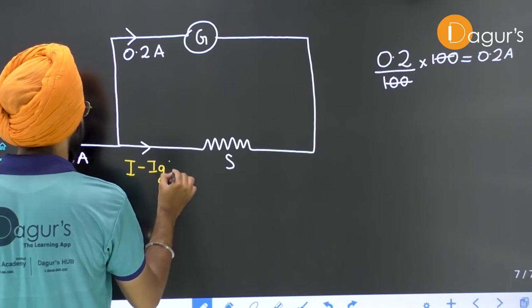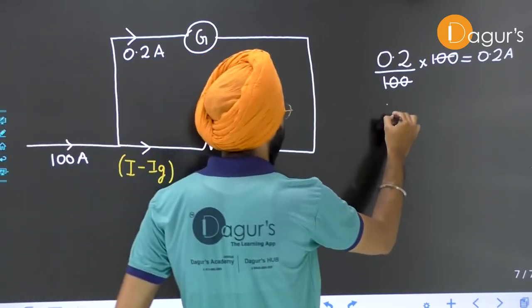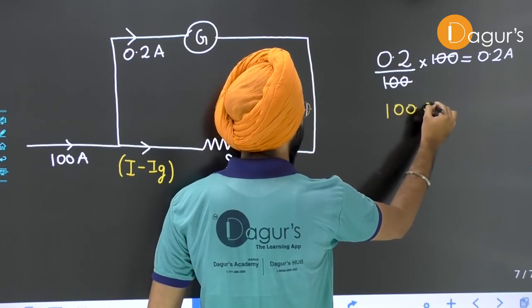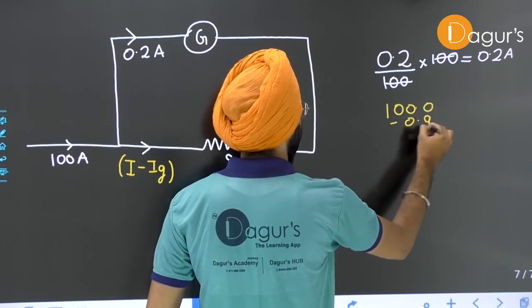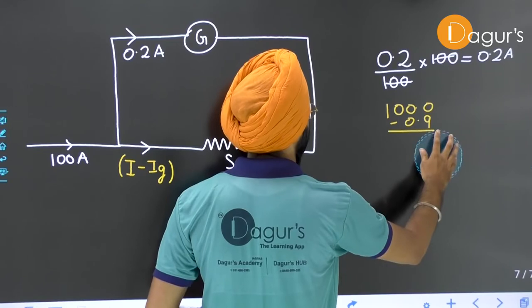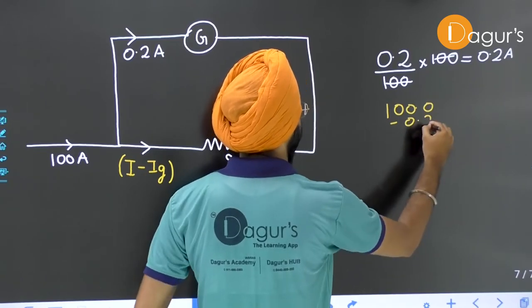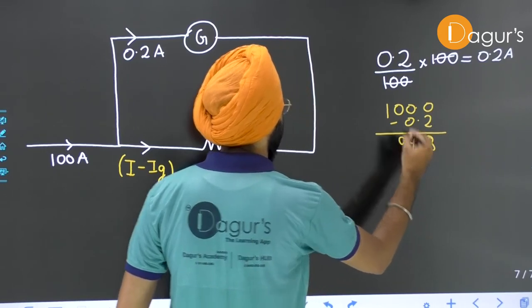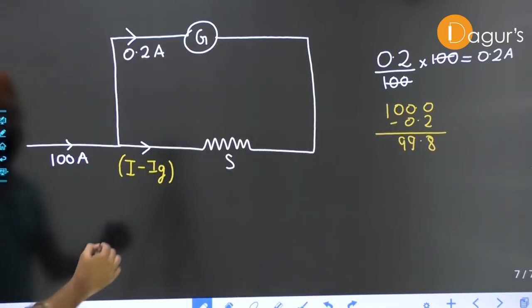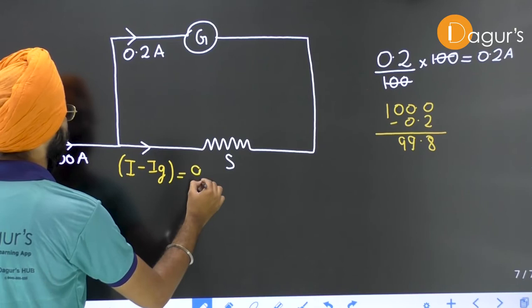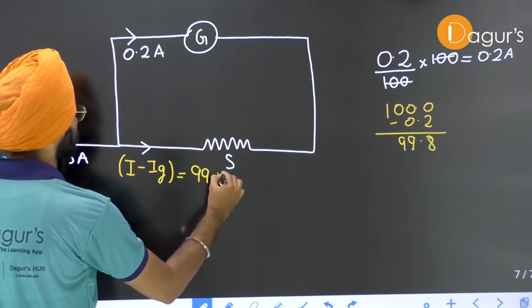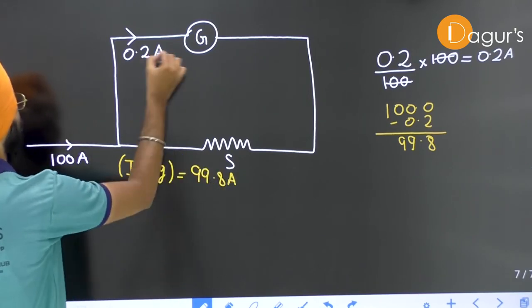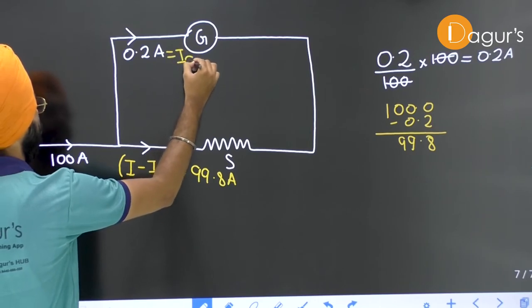So 100 minus 0.2 is coming out to be 99.8 ampere.